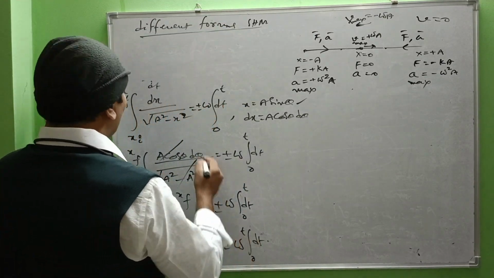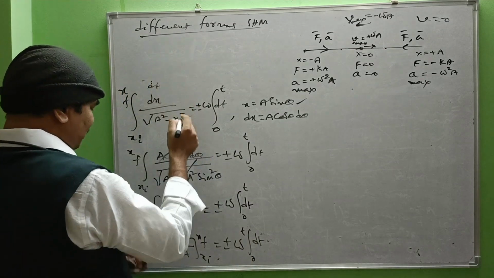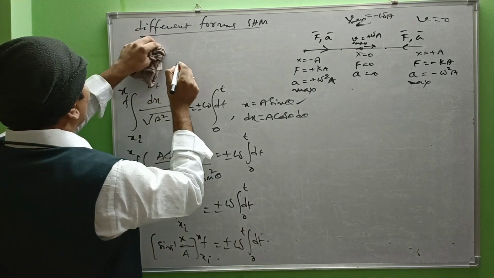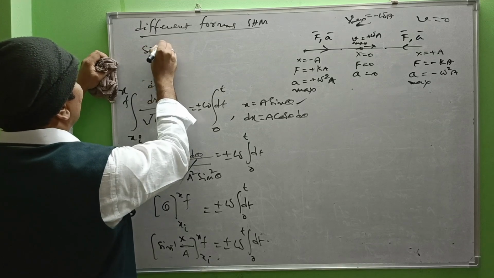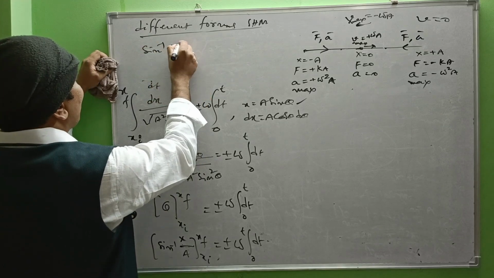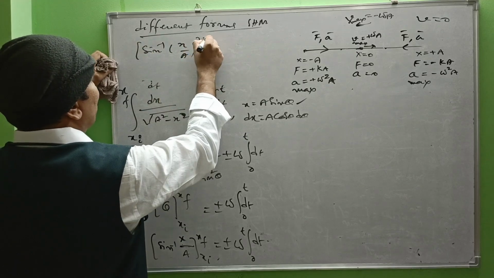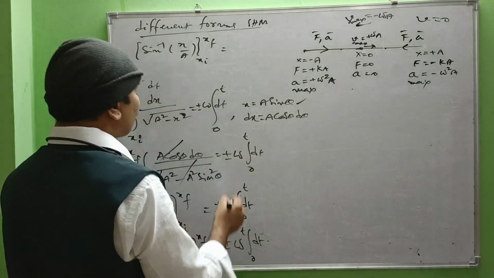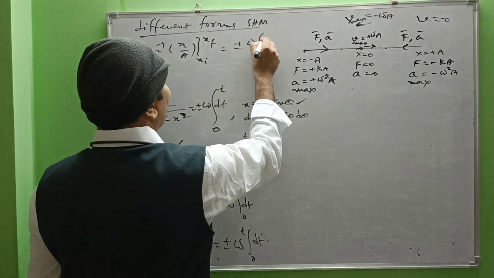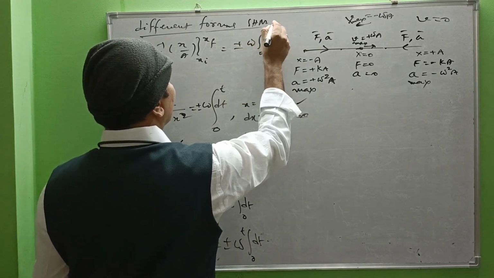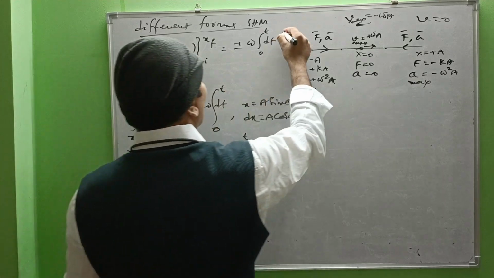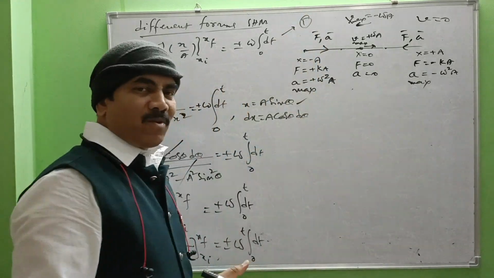I'm writing the same once again. We know that sin inverse x by a under limits xi to xf equal to plus or minus omega into integral dt limit 0 to t, right? So this was equation number 1.